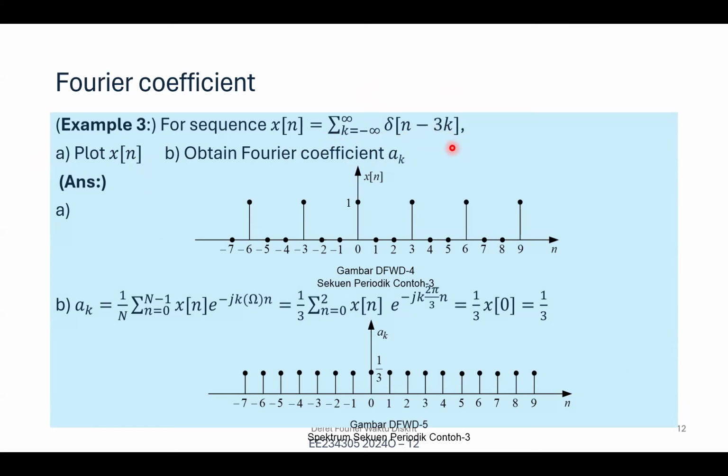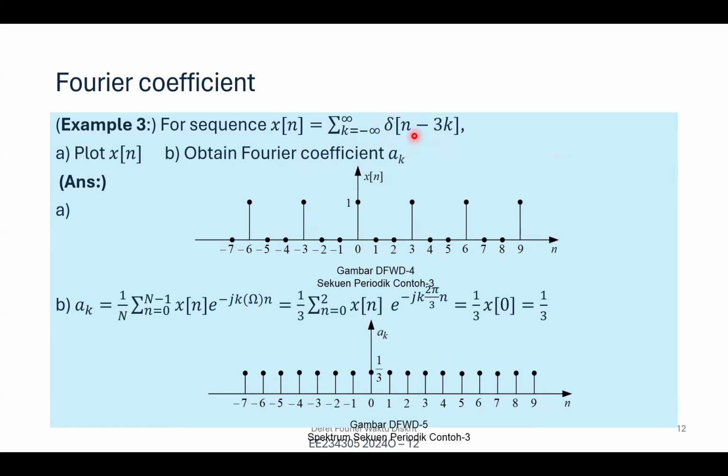That would be, so it has a value if n is 3k, right? Or it has a value if this is a multiple of 3, right? So if we plot x n, n here is the time, right? K here is from minus infinity to infinity.